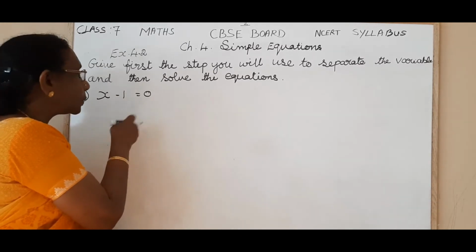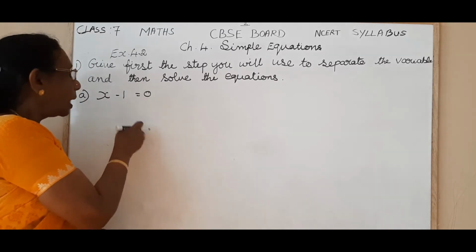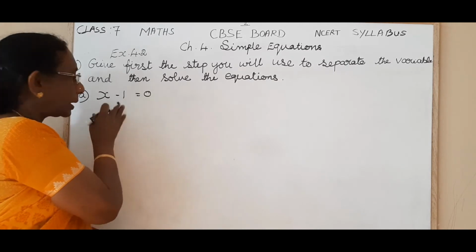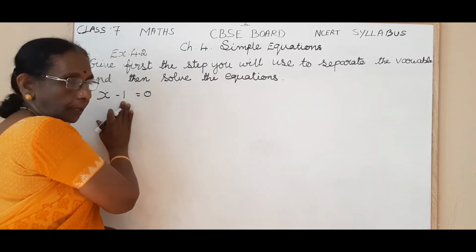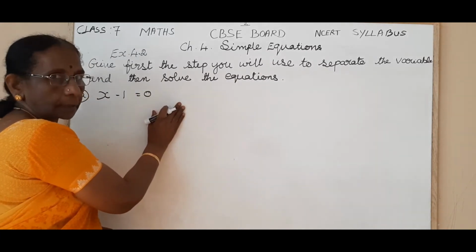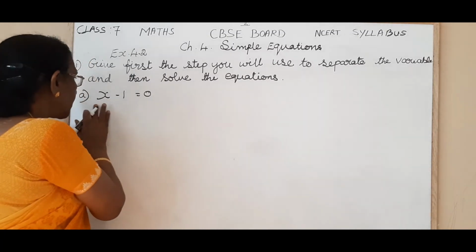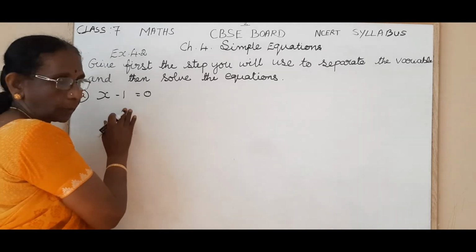Okay. By using the proper steps, then only you can find the value of the variable. So left hand side is the home of variables, right hand side is the home of constants. Okay, children? So you need only x in the left hand side. We don't want any constant term in the left hand side.